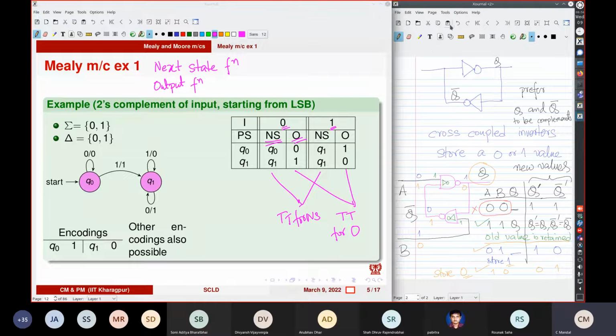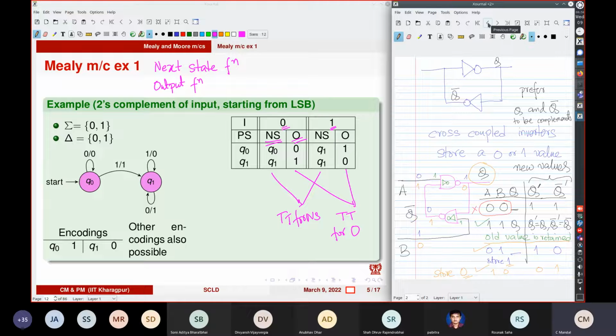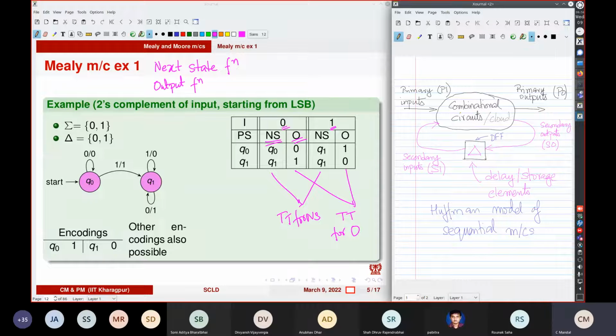Essentially, you're able to realize this combinational cloud, this is for the next state and output functions.